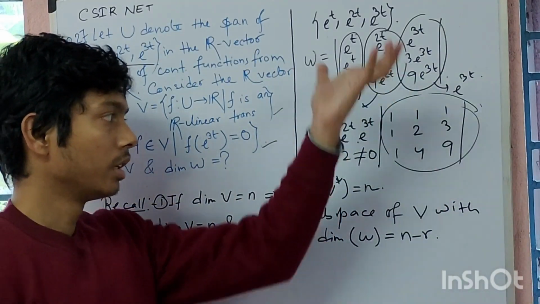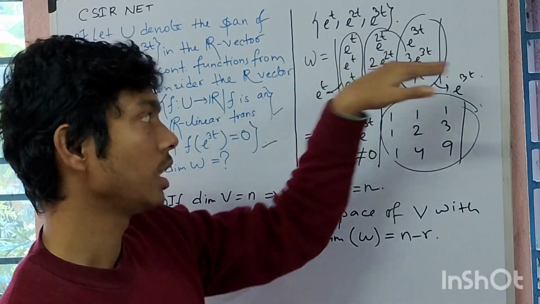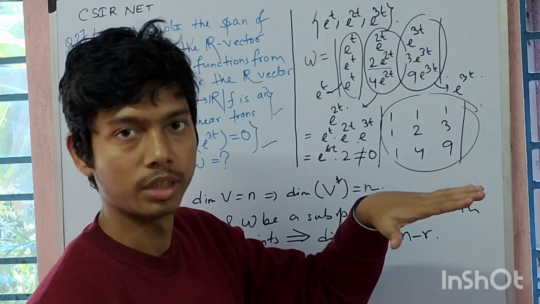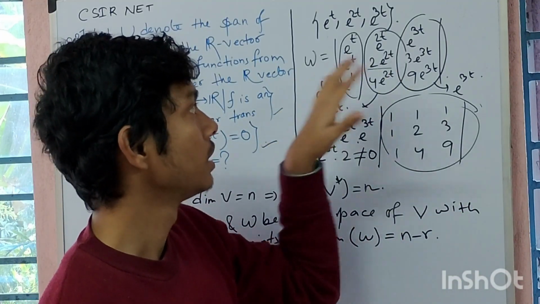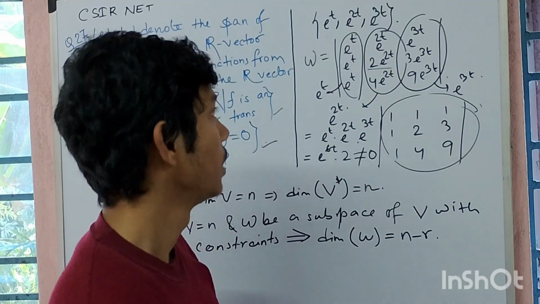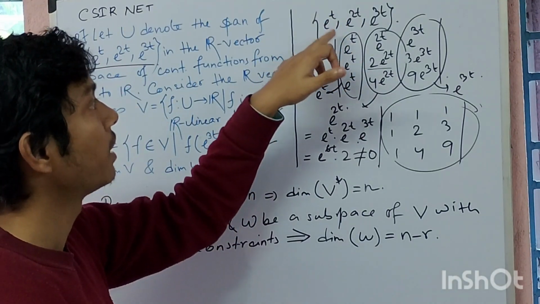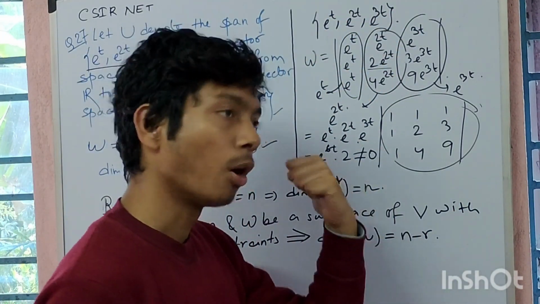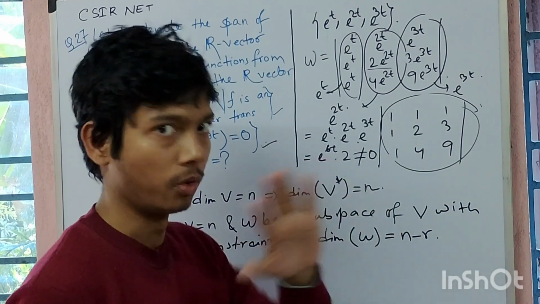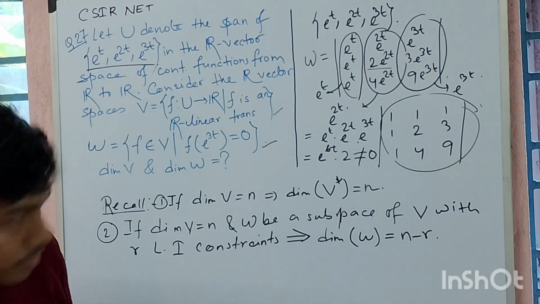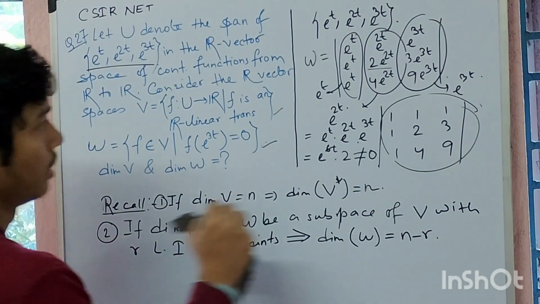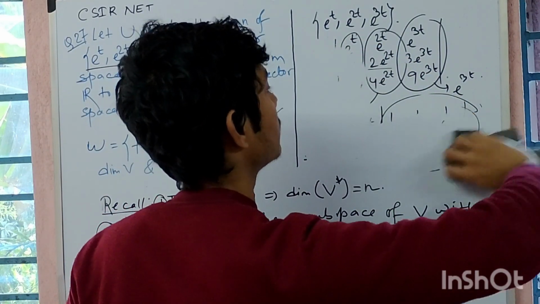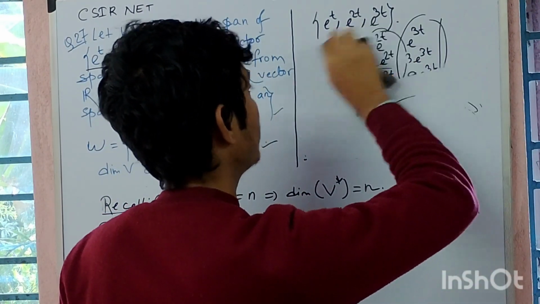If the Wronskian of the functions is not equal to 0, then these functions are linearly independent. So e to the power t, e to the power 2t, and e to the power 3t: this set is linearly independent. You can also check it by this method. I am erasing it because there's not enough space.